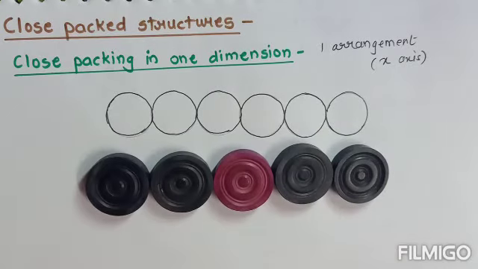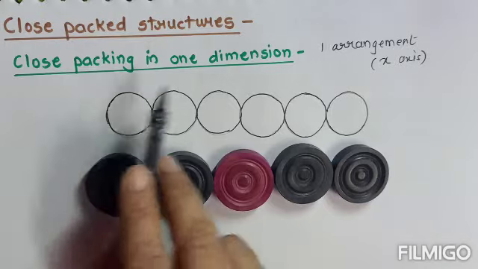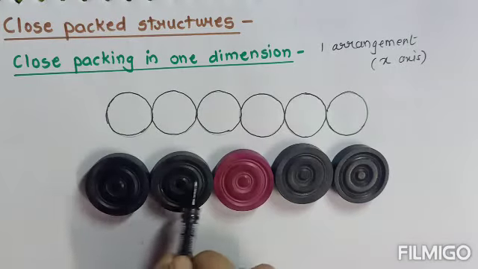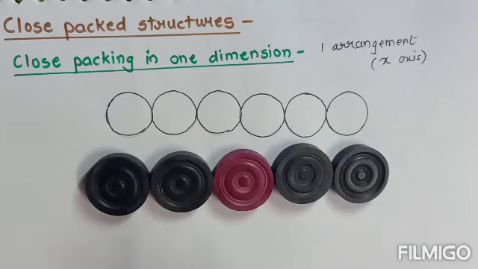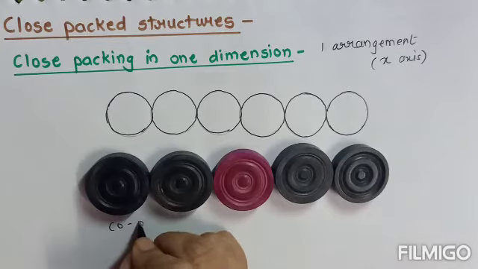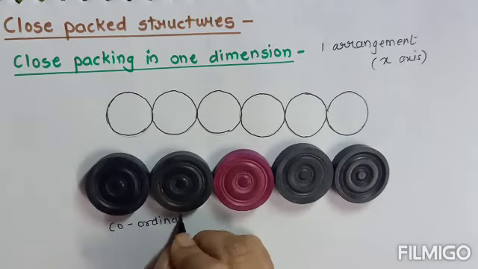We are considering the constituent particles as hard spheres. Each carom coin here represents one constituent particle. So in one dimension, all the particles are arranged lengthwise along the x-axis. Only one coin I have shown separately so as to explain the concept of coordination number.